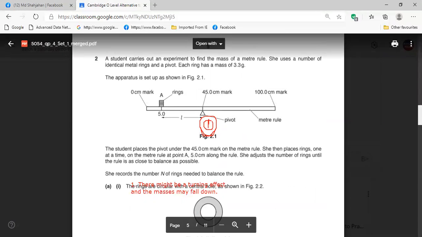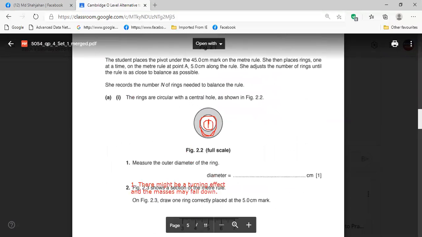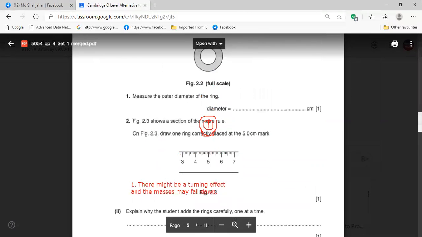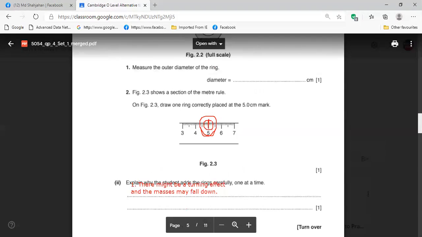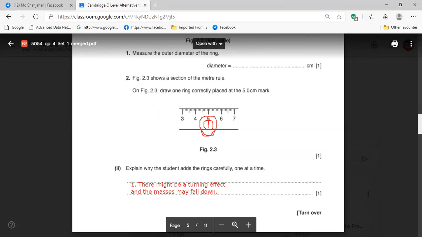Yes, sir. Okay, so it's a little bit above the ground, the ruler, and it's on a pivot. Then any more idea from Abir? You have any other idea? Too much weight makes the rings fall down.